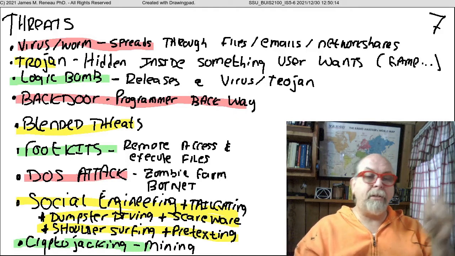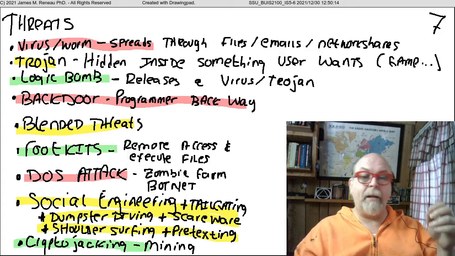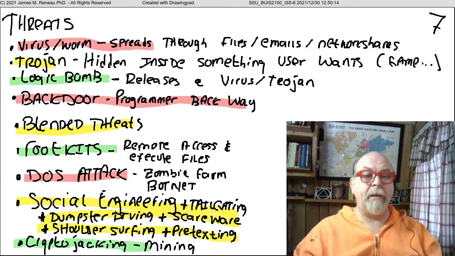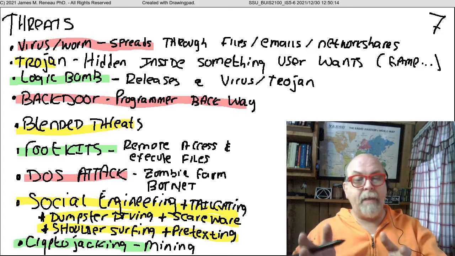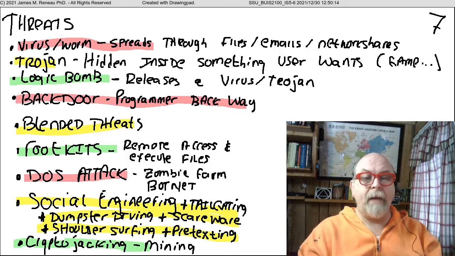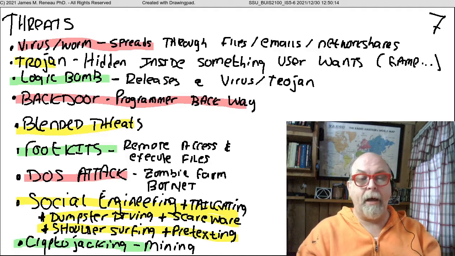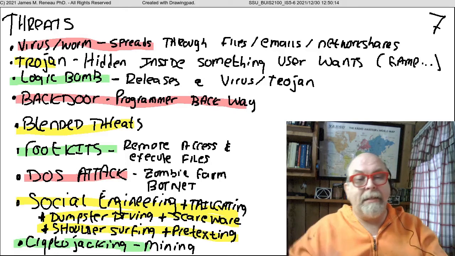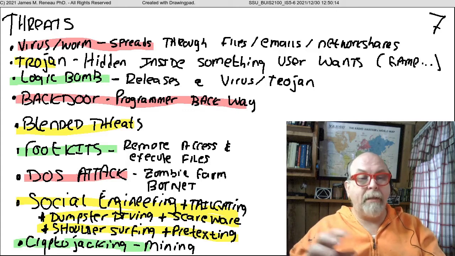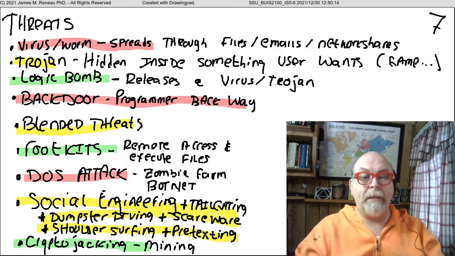Basically, it attaches itself on the end of a file, either a Word document or an executable or some other kind of document, and then when you send it to somebody else, it goes and spreads and attaches to others. Lots of viruses on their own aren't horrible and aren't bad, but often they're tied in together with blended threats, where the virus then brings in a rootkit or brings in a Trojan or brings in a logic bomb that then releases something later.